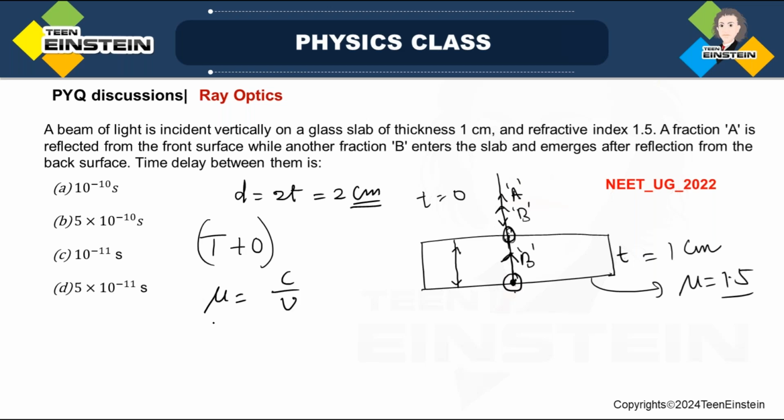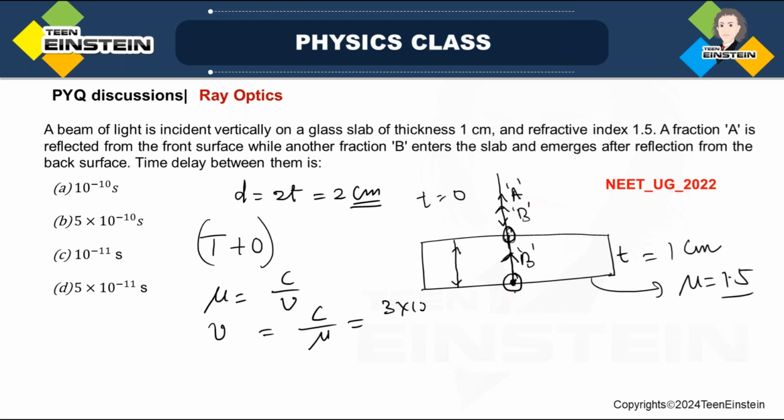So we know light inside a medium will be different than in vacuum, right? We know refractive index is equal to c by v. So what will be the speed of light in the medium? v is equal to c by mu. Let us find out the velocity.